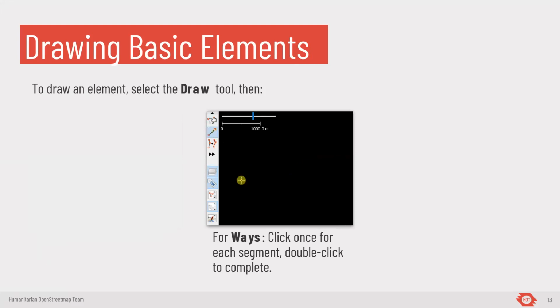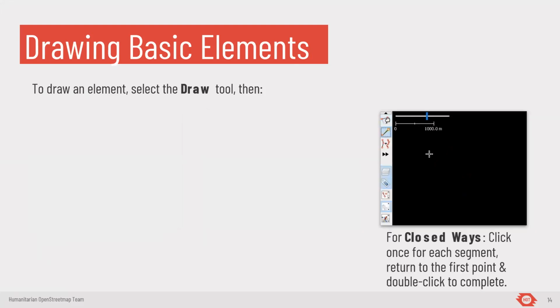So if you want to draw the area, you see the same editing tool you can use to draw the point. If you want to draw the node or point, you select it and double click on it. If you want to draw the way, you have to connect those nodes, like you click on a node and then connect it with another node, and then at the end point you double click it.